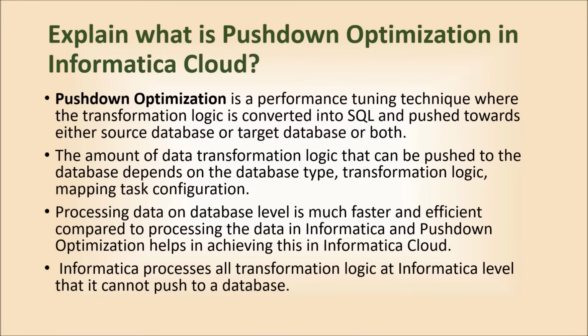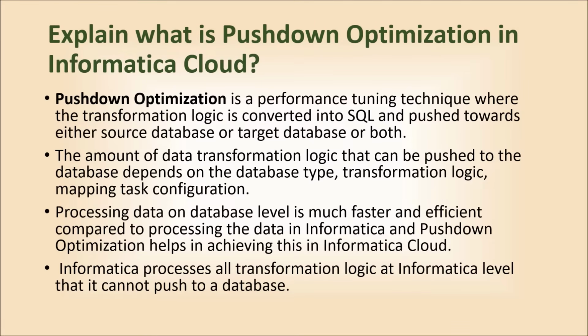Explain what is pushdown optimization in Informatica Cloud. Basically, pushdown optimization is one of the performance tuning techniques in IICS which helps us execute the SQL statements at database level.